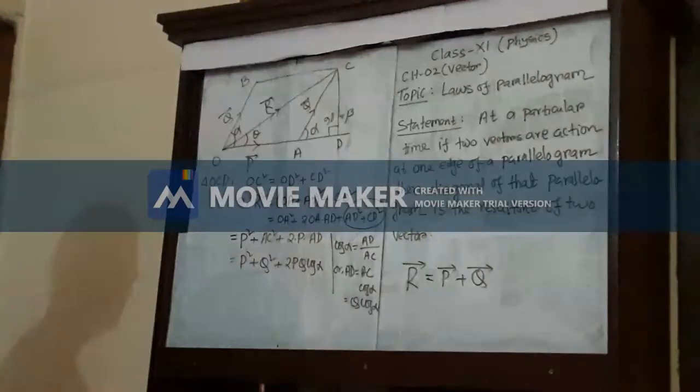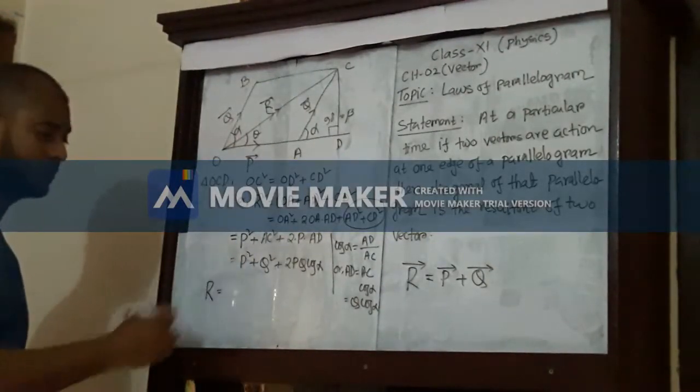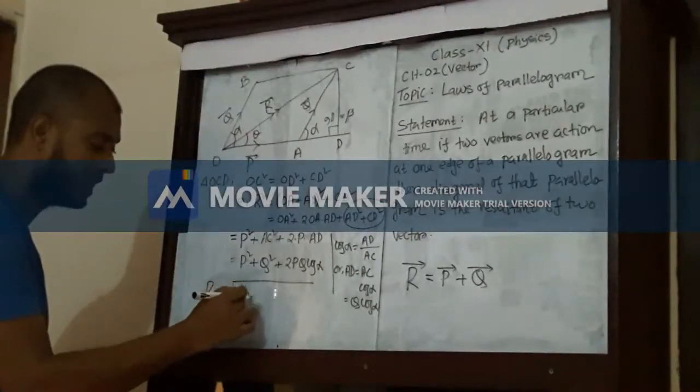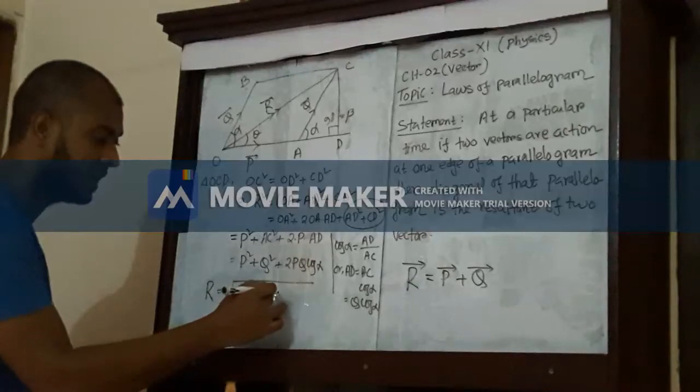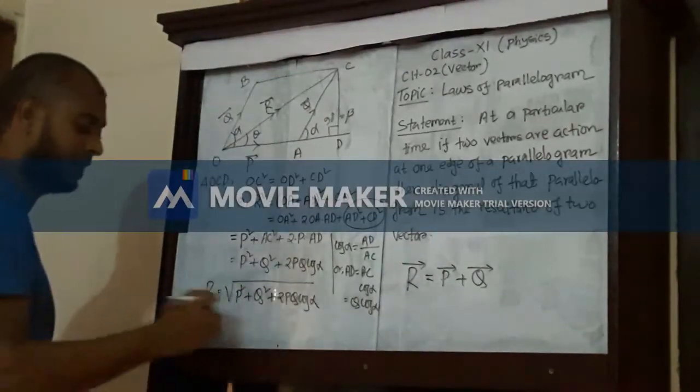Now the resultant vector R will equal root over P square plus Q square plus 2PQ cos alpha.